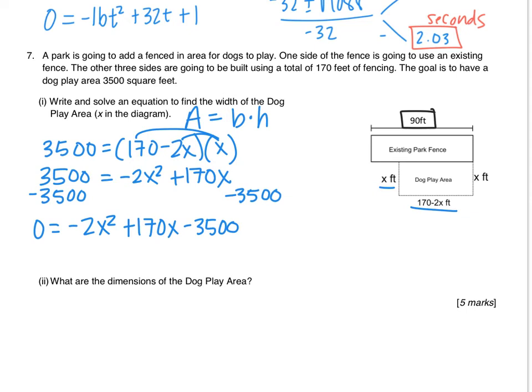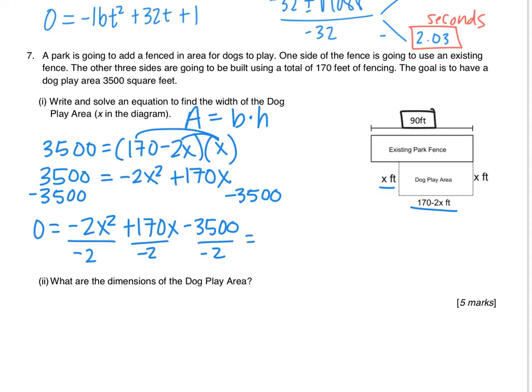So we can put this into the quadratic formula right now, no problem, and we will get our correct answer. If you wanted to, you could simplify this a little by dividing everything by negative 2. So I know some of you would prefer to have nicer numbers. Some of you are okay using what we've got. Both are fine. Both are going to get you the correct answer. So I will show it here if we divide out that negative 2.